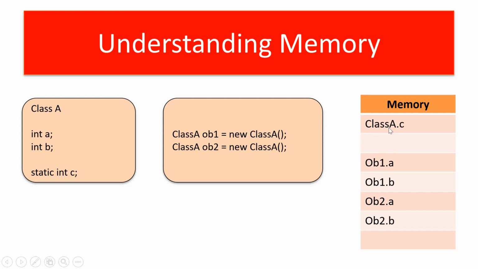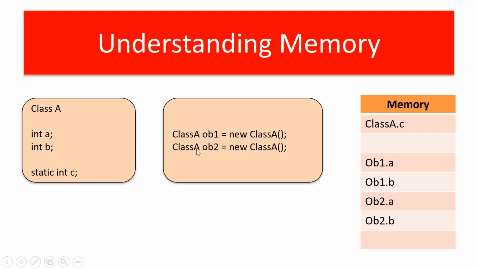But you can notice that the memory for variable C is created only once, even though we have two objects, which indirectly denotes that object 1.a is different from object 2.a, and a value assigned to object 1.a will not reflect in object 2.a, but a value assigned to the C variable will be common to all the objects.